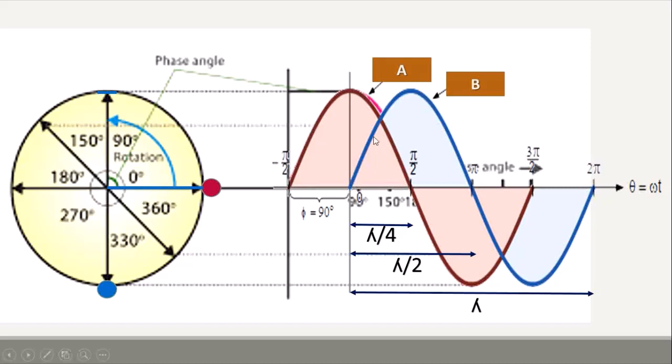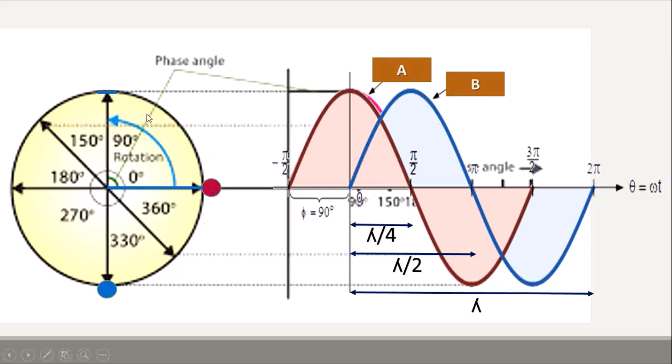Here, one complete cycle is 360 degrees. If you take a half cycle, it will be 180 degrees. If you take a quarter of a cycle, it will be 90 degrees. Here is one more particle, the blue colored particle.